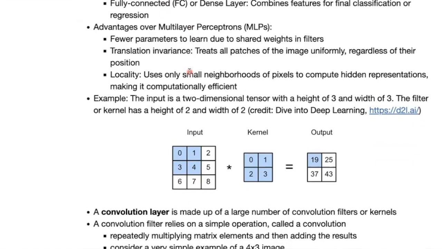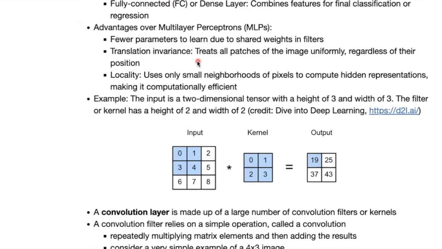So what are the advantages over feed-forward neural networks, or in particular multi-layer perceptrons? Well, the first thing is that we have to use fewer parameters, right? Because in this case, as you're going to see here, we're going to have one kernel or window that we share across the image. So we are not introducing too many parameters because of the high dimensionality of images. And then the other property is translation invariance, which means that we want to treat all patches of the image uniformly, regardless of their position.